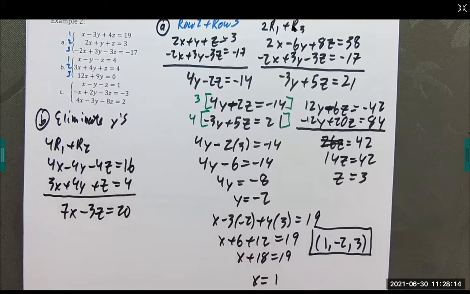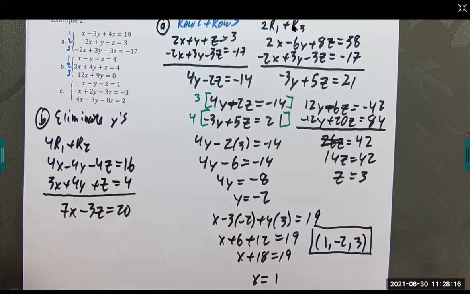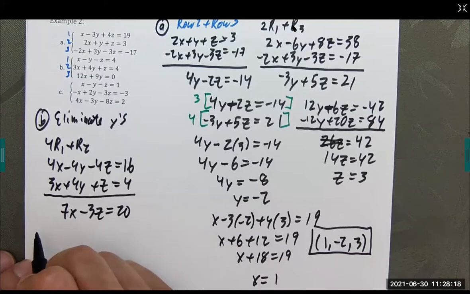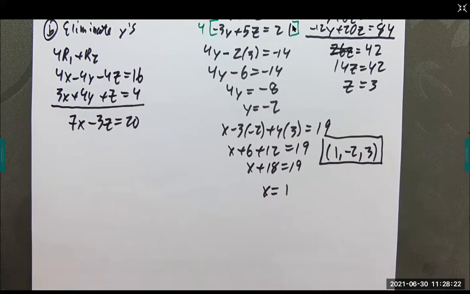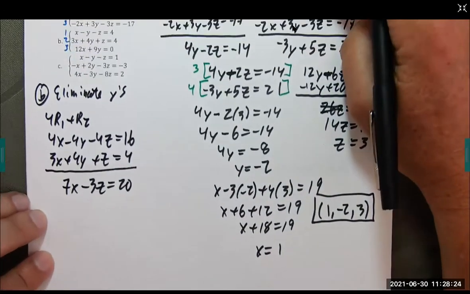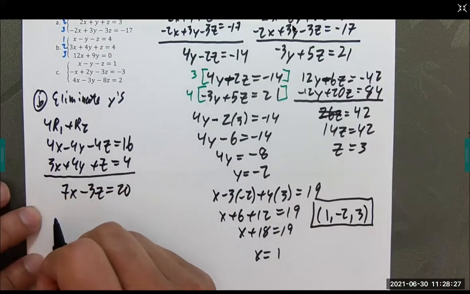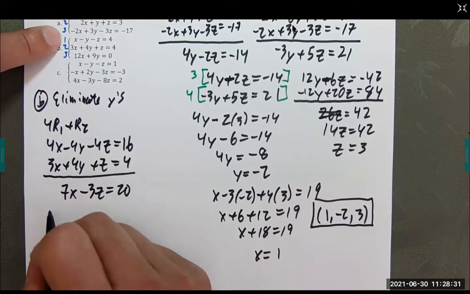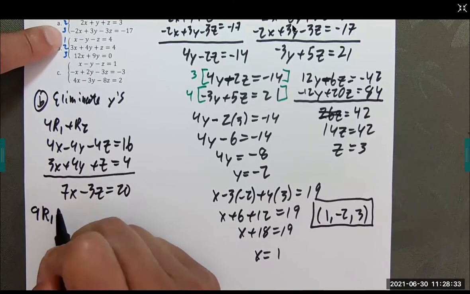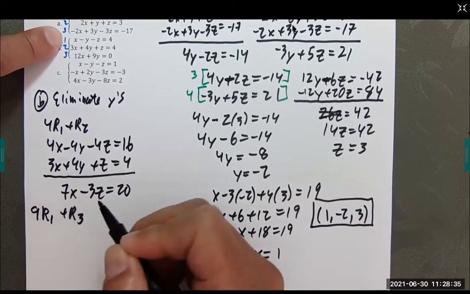So let's eliminate the y's again. And I'm going to get low on space here. How are we doing on the camera? Let's scooch that up. So let's do, to eliminate the y's, I'm going to multiply row 1 times 9, and add that to row 3.